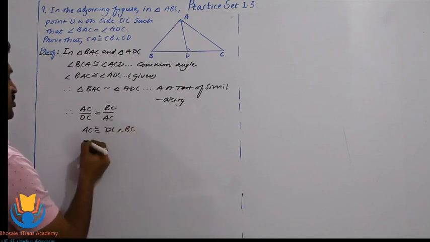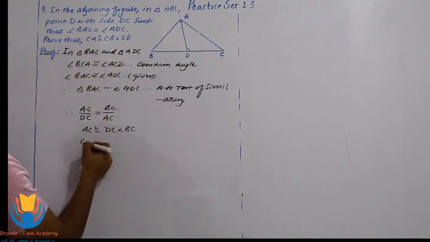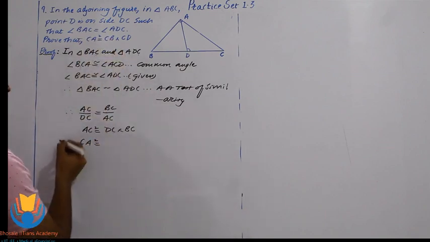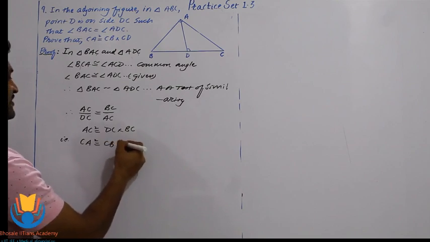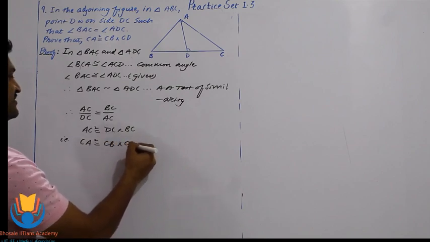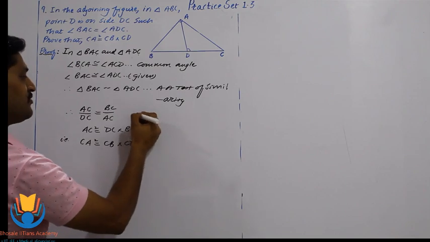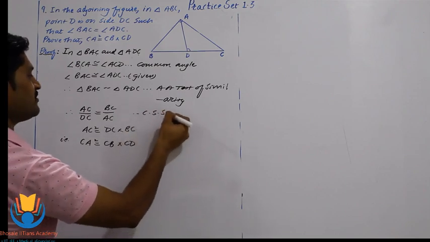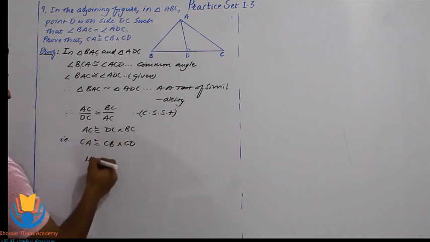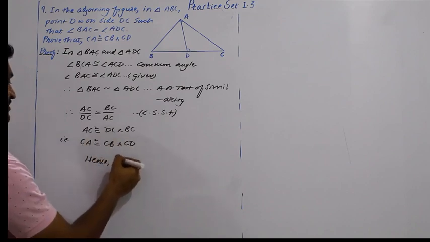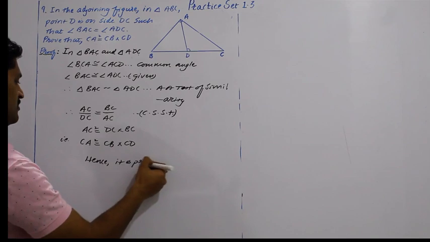So we will make a small change. CA square is equal to, we will write BC as CB and DC as CD. So here we will write the reason, corresponding sides of similar triangles, and this is the same thing that we wanted to prove, hence it is proved.